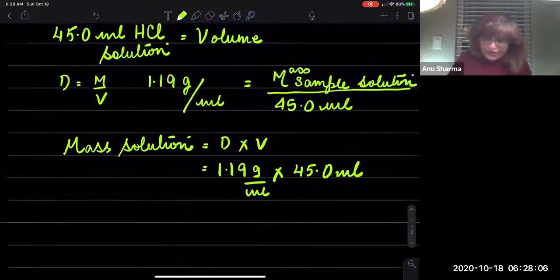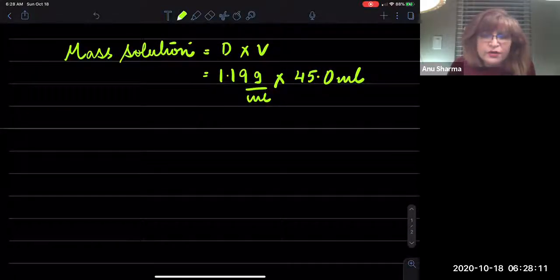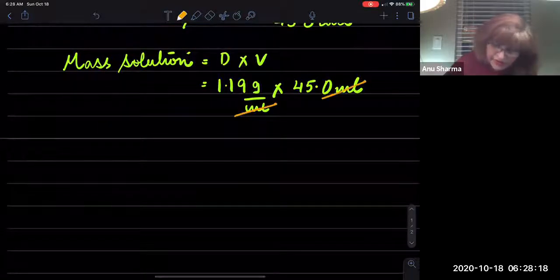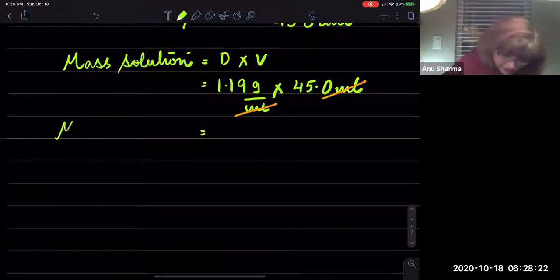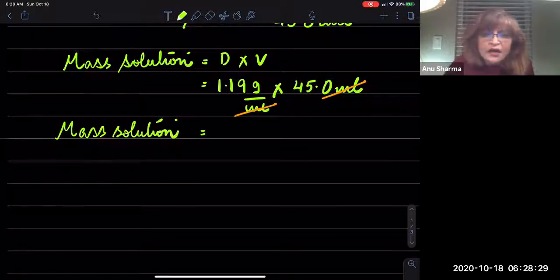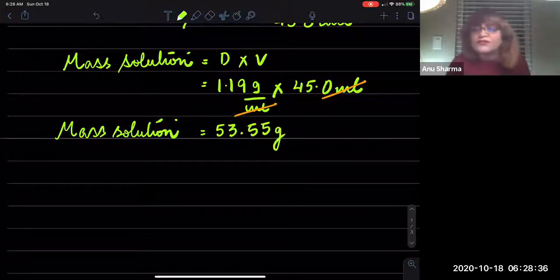Okay, so 1.19 times 45 milliliters, where these are going to cancel out, and you're going to get the value of mass of the solution to be equal to 53.55 grams.